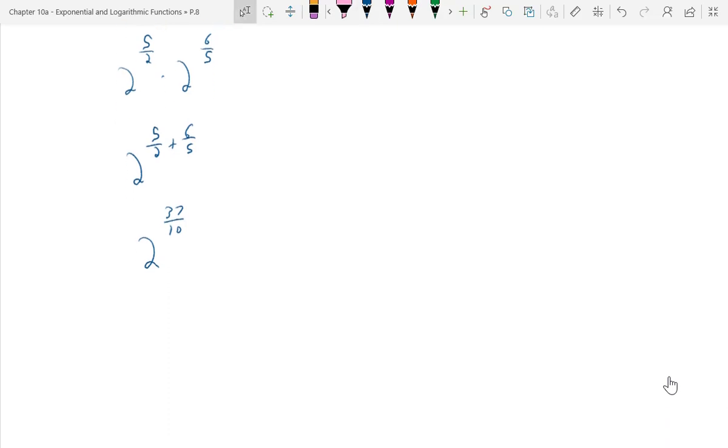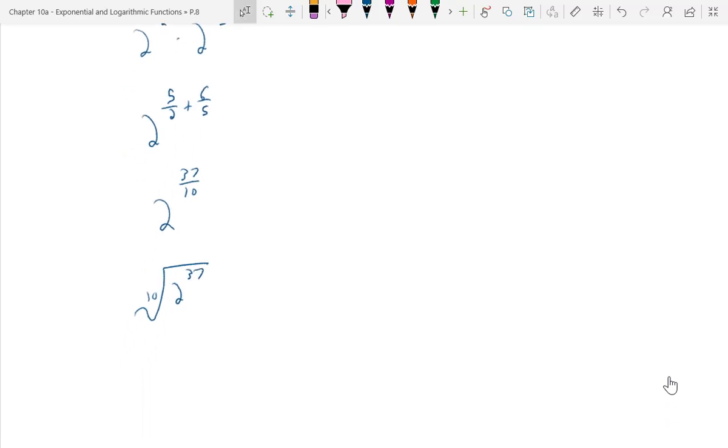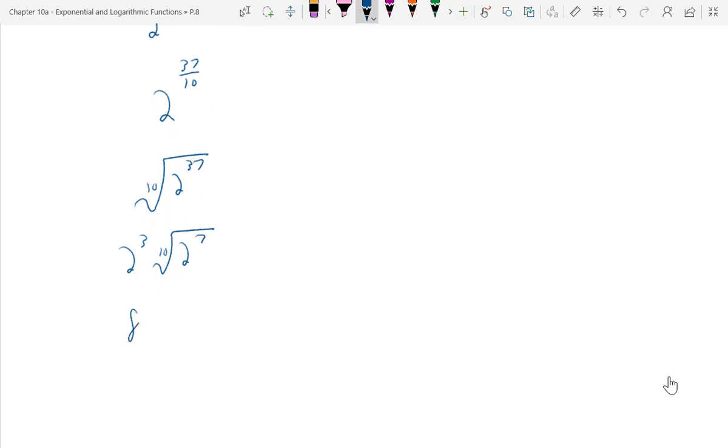And since that's 2 to the 37 tenths, that is equal to the 10th root of 2 to the 37th. And there's 3 groups of 10 in there, so this is going to come out as 2 to the 3rd 10th root of 2 to the 7th, which if I simplify is 8 10th root of 128.